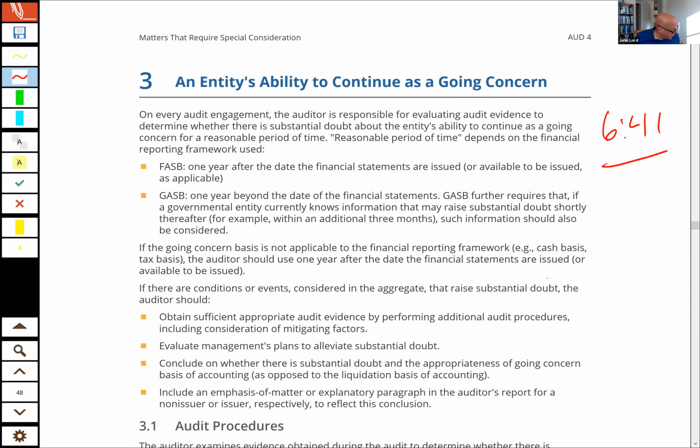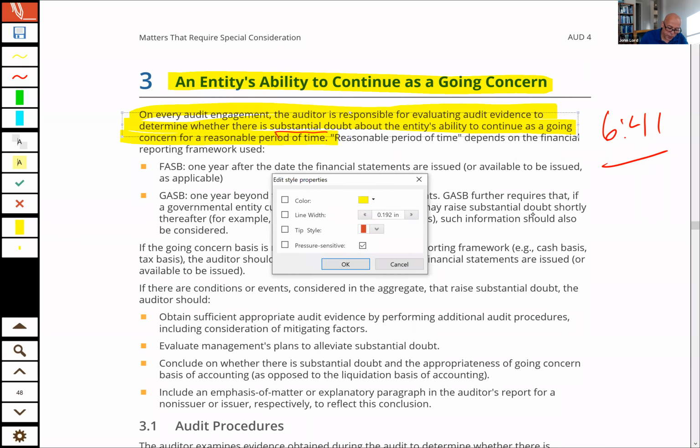And let's take a look at the entity's ability to continue as a going concern. And they tell us here, let's read, that in every audit, there is the responsibility of the auditor to determine whether there is substantial doubt about an entity's ability to continue as a going concern.